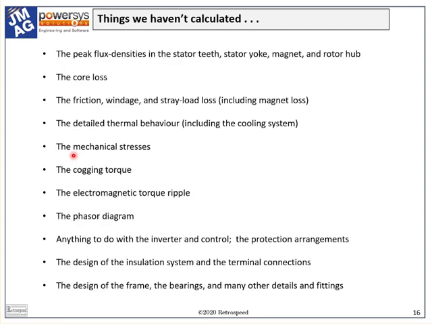Lastly, here is a list of the things that we haven't calculated. There's a lot of work to do, and in this short video we have only scratched the surface with a very rough estimate of the electric and magnetic sizing. When we look at this list, we can see in perspective how small a part of the overall design and manufacturing process is the electromagnetic estimation that we've covered here.